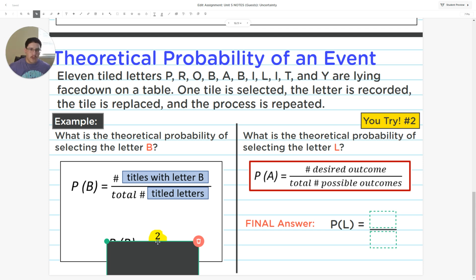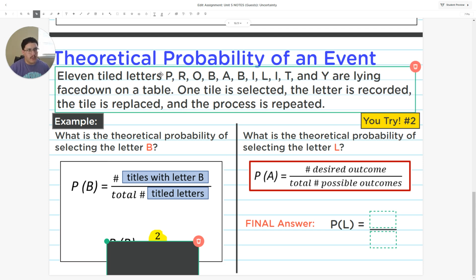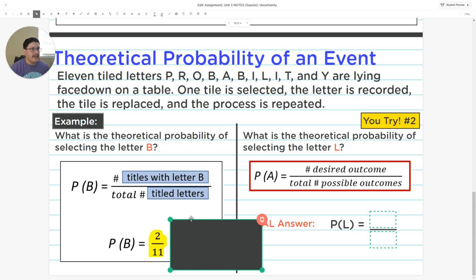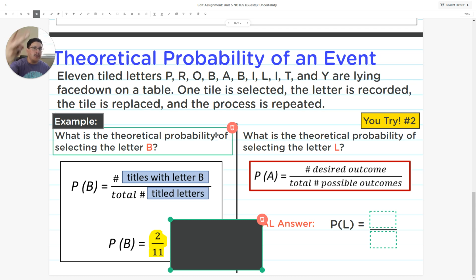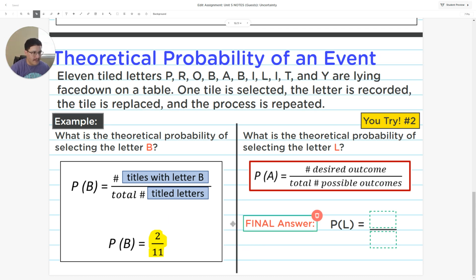How many total do we have? If you count out the letters, 1, 2, 3, 4, 5, 6, 7, 8, 9, 10, 11. There are 11 tiles altogether, with 2 of them being B's. So the probability of choosing the letter B from these tiles is 2 out of 11.